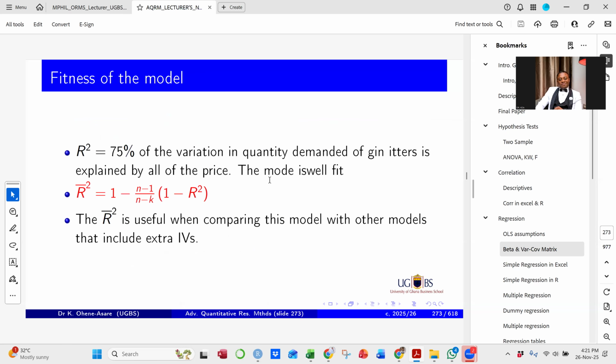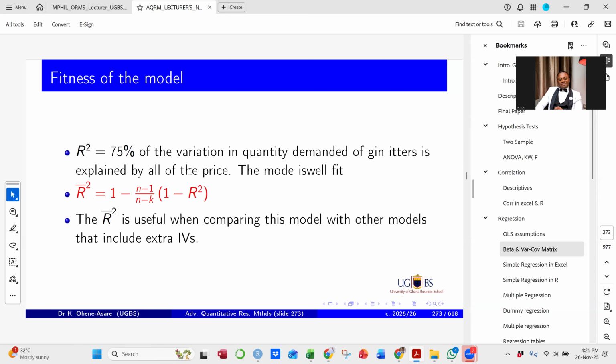What does that mean? It means that 75% of the variability in the quantity demanded has been explained by the price. In this case, price is the only independent variable. So price has explained 75% of the data, which means the model is well fit.